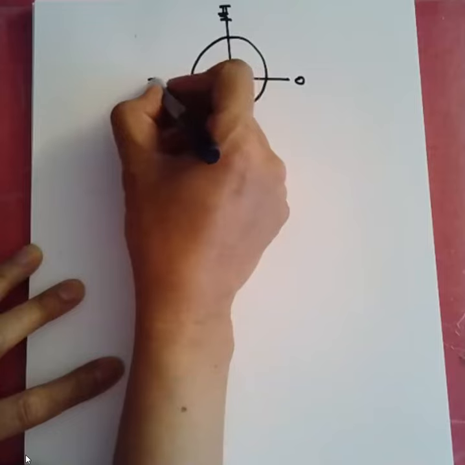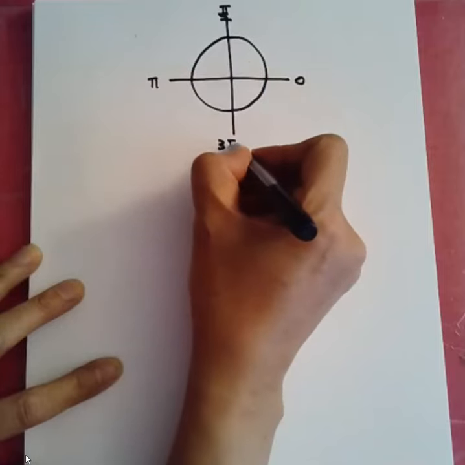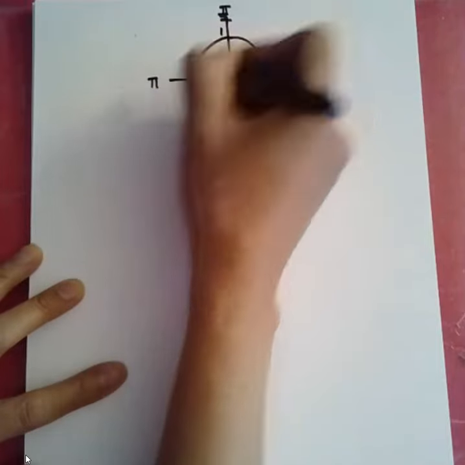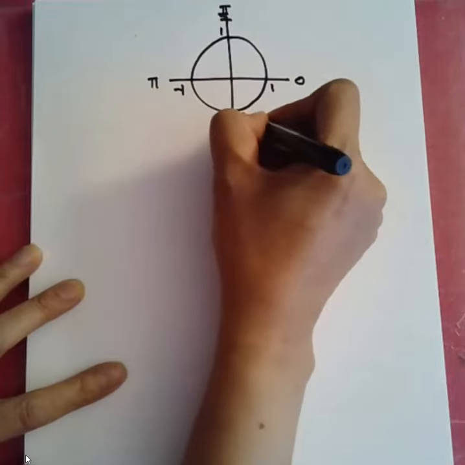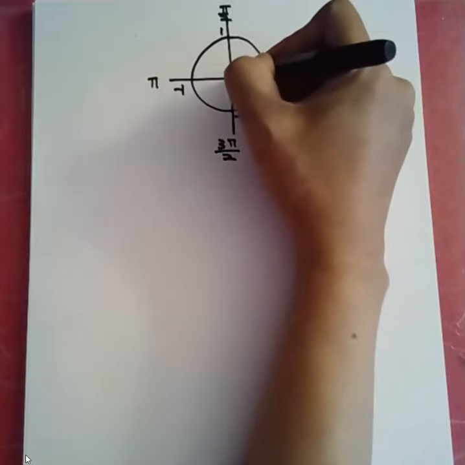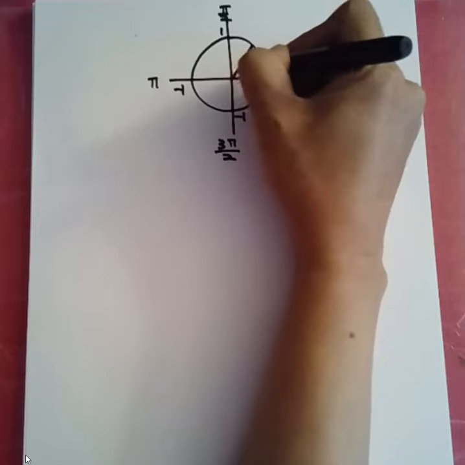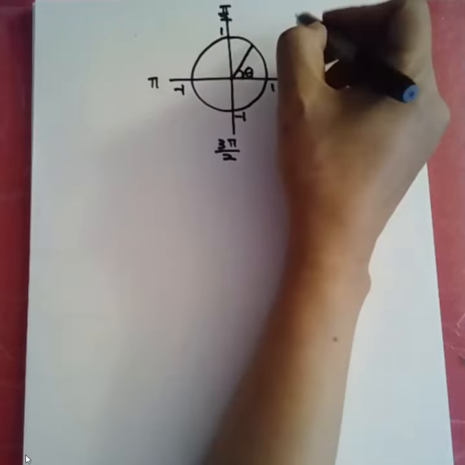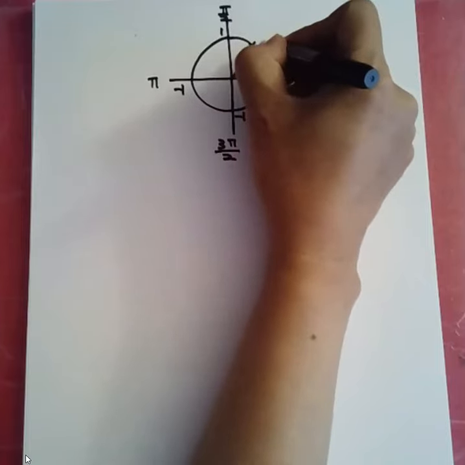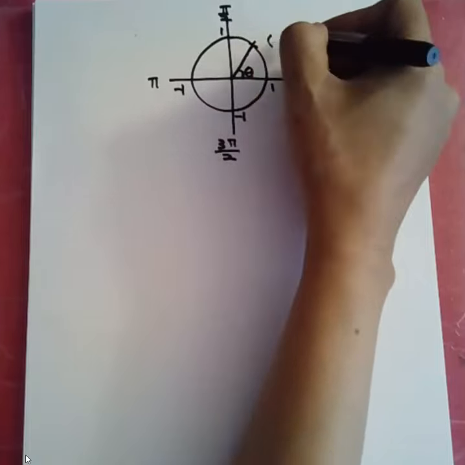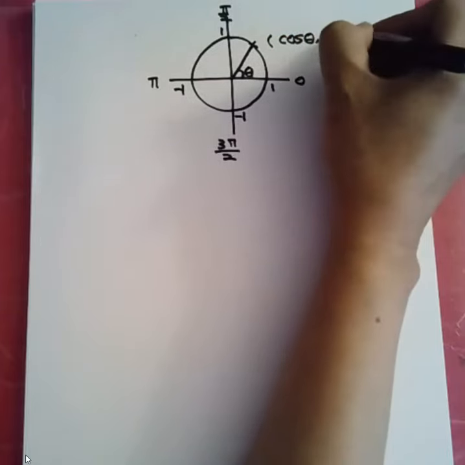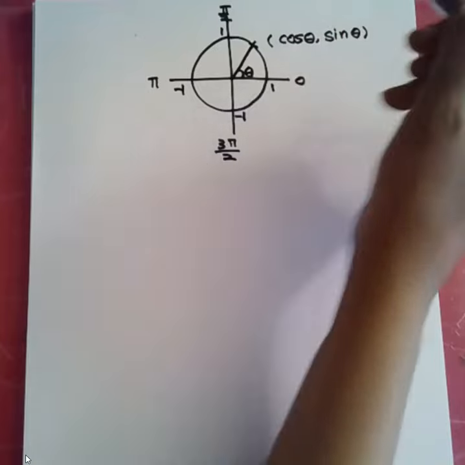This is pi. This is 3 pi over 2. 1, 1, minus 1, minus 1. And let's say this is theta. Then what we know about the unit circle is the coordinates represent cosine and sine. Cosine of theta for x coordinate, sine of theta for the y coordinate.